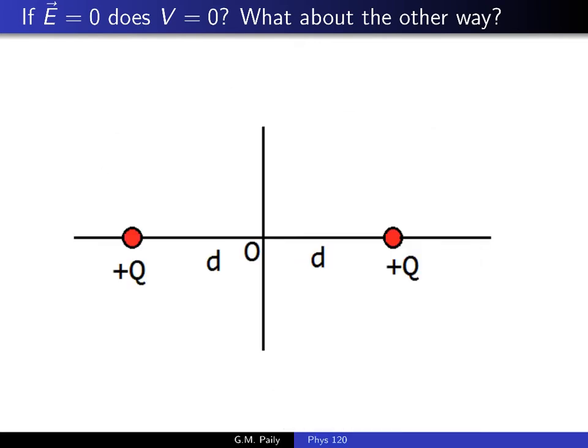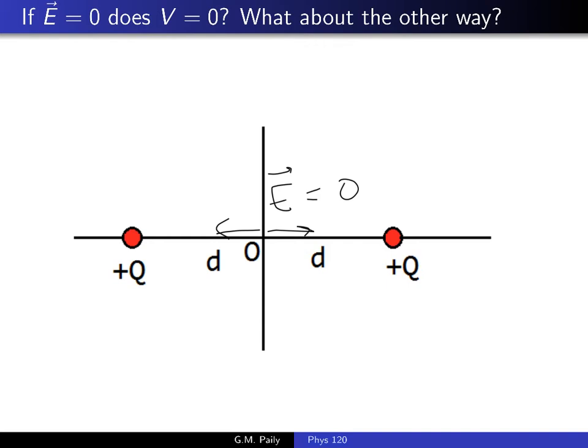If we look at two positive point charges, the potential is not 0, but the electric field is 0 at the center. Here, the two field vectors point in opposite directions and cancel out, but the potentials, both being positive, add up and are strong in the center.